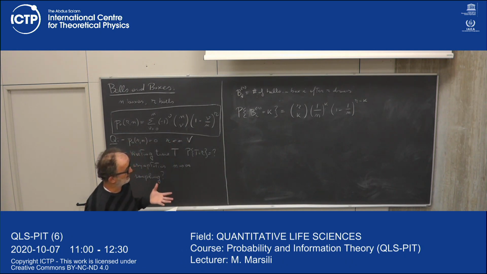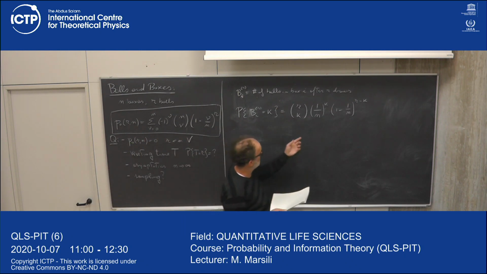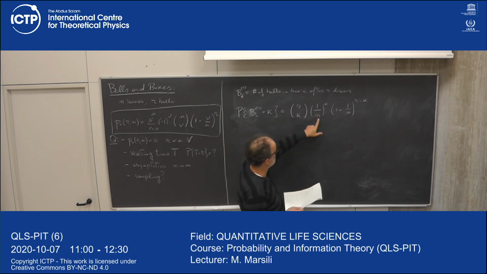Now we are interested in this probability in the limit when the probability gets very small and the number of trials gets very large.